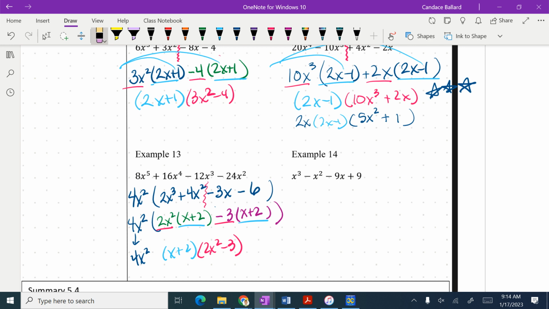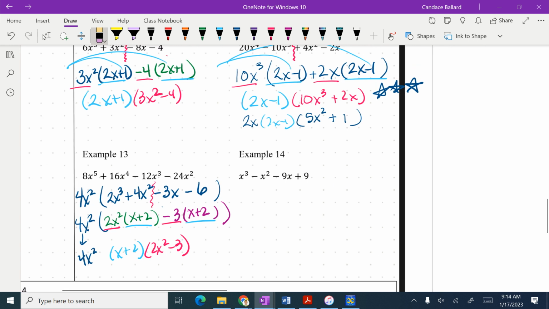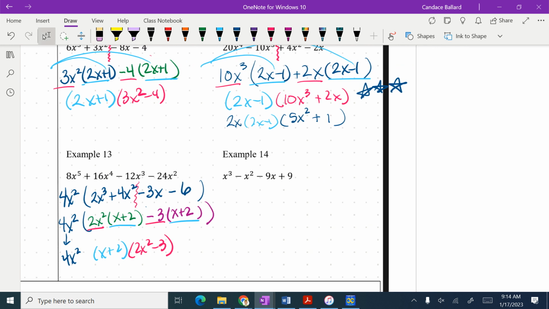Example 14 was what I was hoping I was getting at sooner, but that's okay. Looking at 14, is there a greatest common factor in all 4 terms? No. So if we have 4 terms, what kind of factoring? Grouping. So I am splitting here. In my first group, what's going to come out? Good.